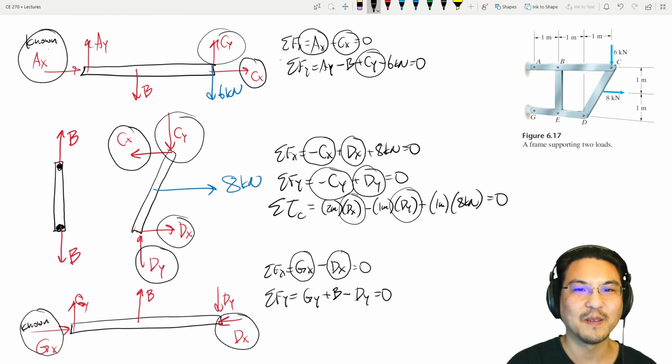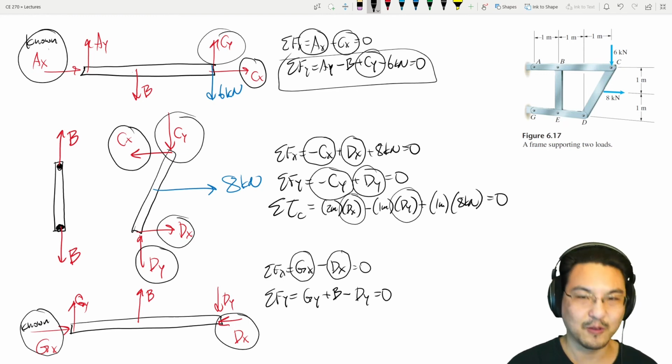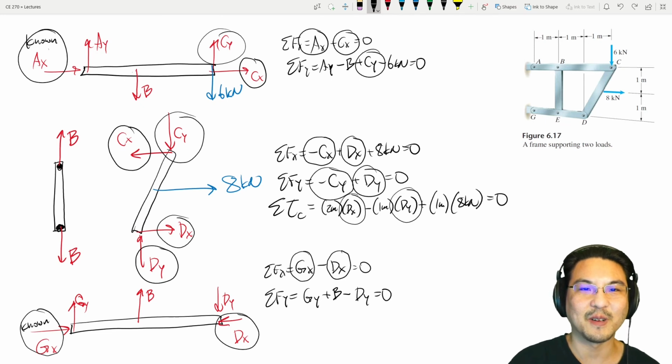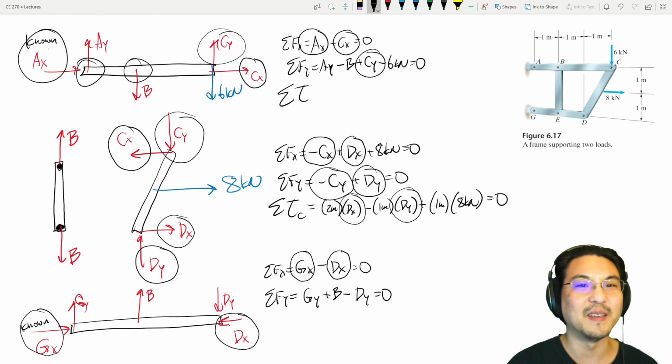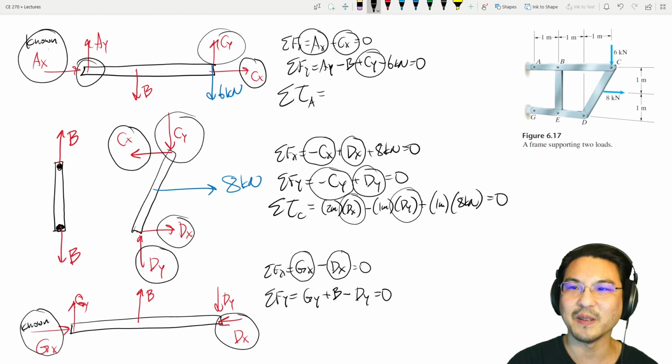So now if you look here, there are 2 unknowns. So let's write another equation for torque where we can get rid of one of those. So either sum torque about A or B would be clever. So let's say we sum torque about point A. So then the torque would be from B, that would be in the negative z.